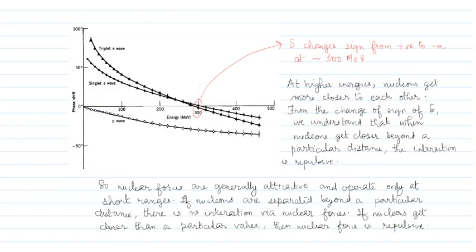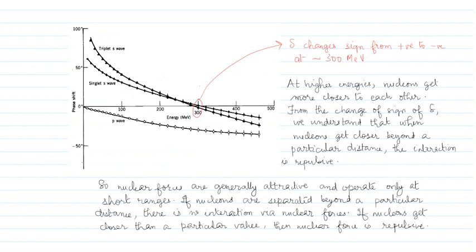Okay, so you can just imagine, if you recall the scattering graph, phase shift on the y-axis and energy on the x-axis, you see that for energies beyond 300 MeV, delta changes sign. Okay, so now what is it that happens? You just picturize the event: at higher energies the nucleons have more energy and they get closer to each other.